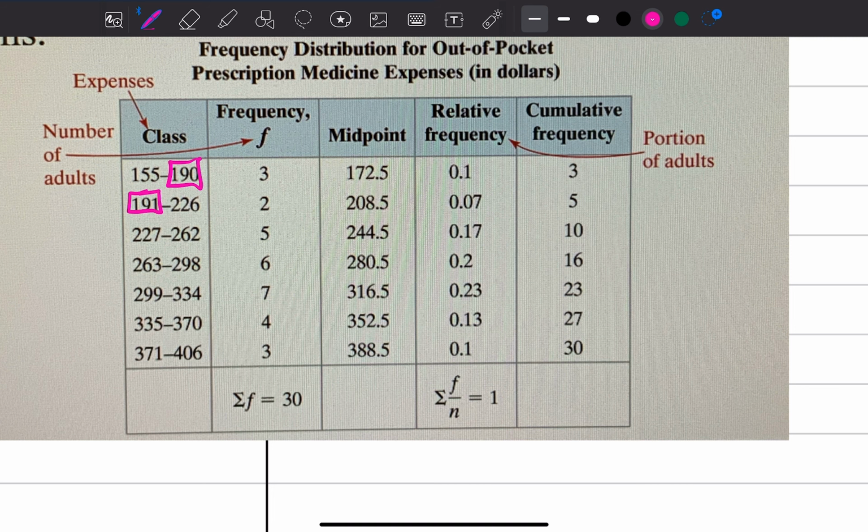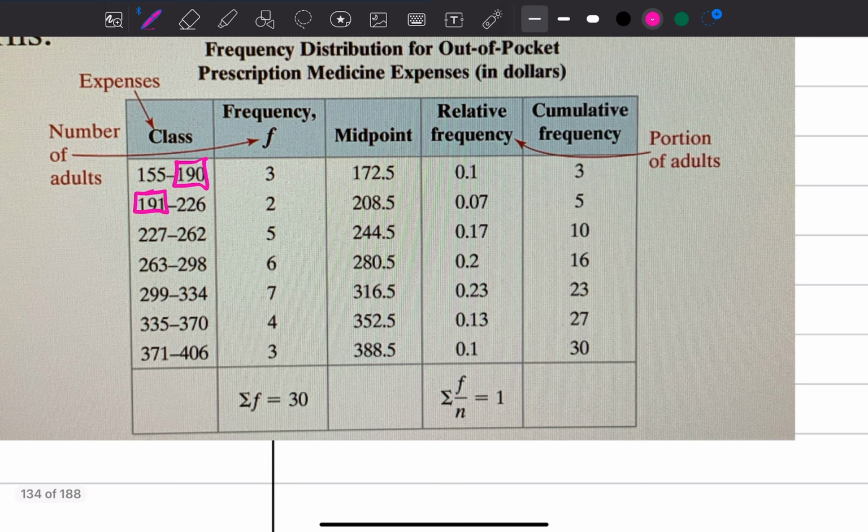Because the gap between the end of the first class and the beginning of the next class is 1, we're going to half that distance. So 1 divided by 2 gives us 0.5. And that is how much we have to adjust each class by so they can touch.